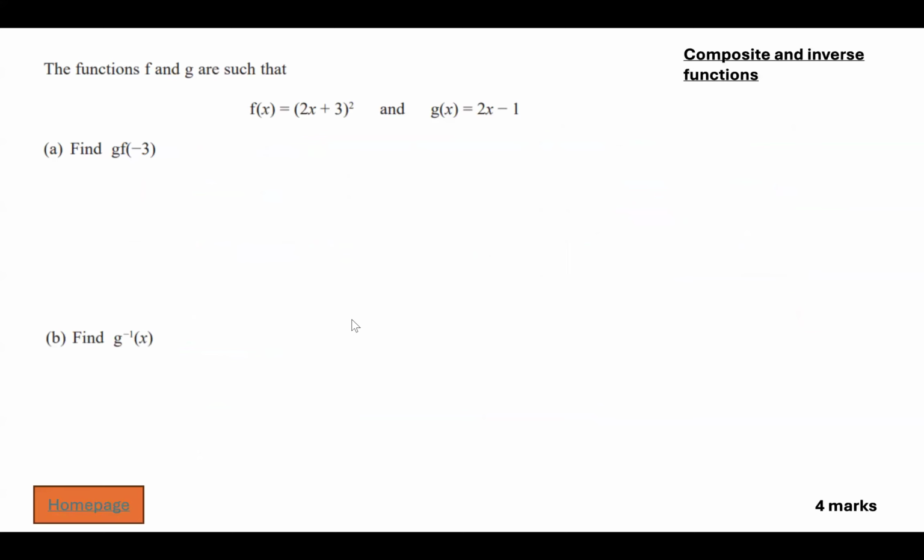And now we can go on to composite and inverse function. So what we want to find is gf of minus 3 over here. So the first thing you could do is find f of minus 3 first. So f of minus 3 is going to be 2 multiplied by minus 3 plus 3 squared.